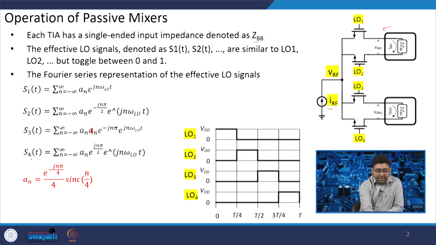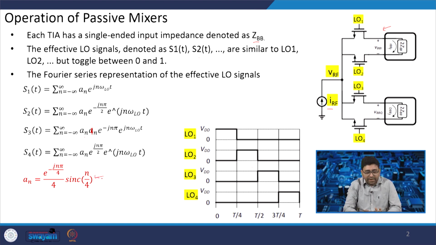and S4(t), which is the sum over n from minus infinity to infinity of a_n, again shifted, e raised to j n pi by 2. So, this is a plus pi by 2 and this is a minus pi by 2, e raised to j n omega LO t. Here a_n can be written as a sinc function of n by 4, times e raised to minus j n pi by 4, divided by 4.